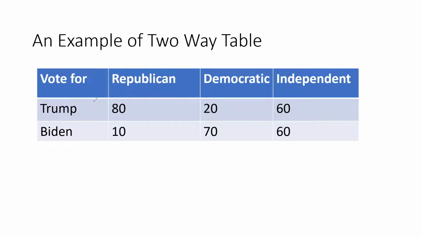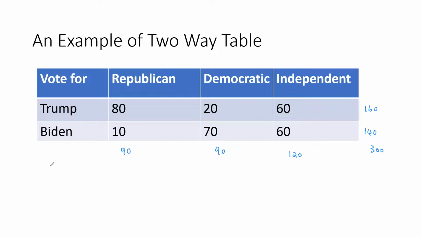Suppose we have a group of people, 300 in total. Republicans total 90, independents 120, and Democrats 90. And 160 people in this group voted for Trump, and 140 voted for Biden.